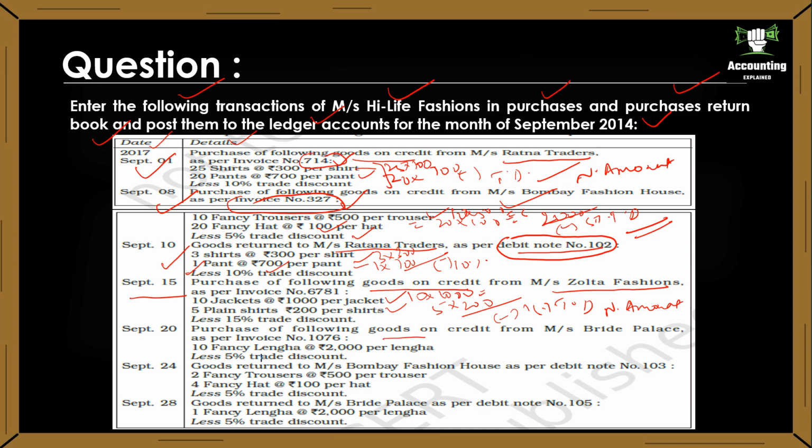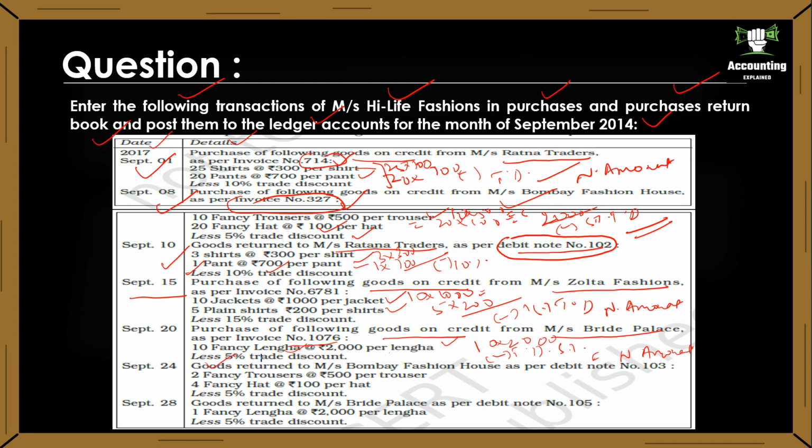Purchase of the following goods on credit from Messrs. Bride Palace as per invoice number 1076. So this is our source document. 10 fancy lehengas at 2000 per lehenga, so 10 into 2000, less 5% trade discount. Only the net amount will be taken to the purchases journal book.